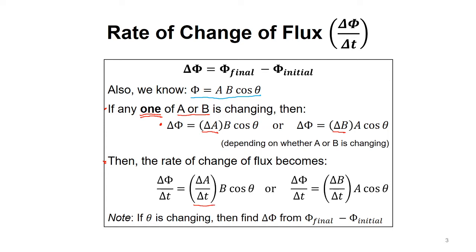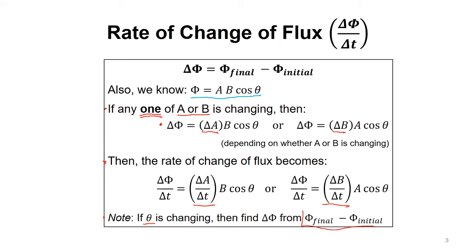On the right side, make it delta A over delta t or delta B over delta t. So once again, if only one of area or field is changing, you can do this. You can treat the area or the field as a changing quantity. Everything else is constant.